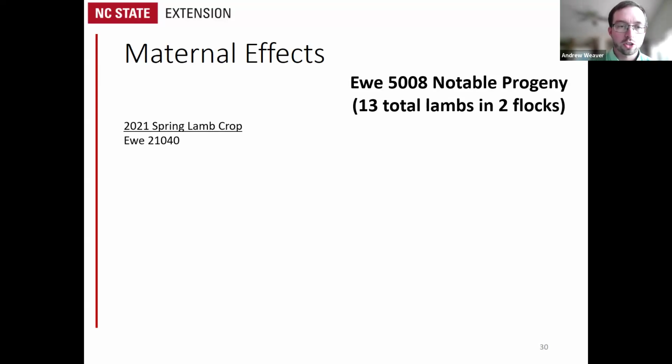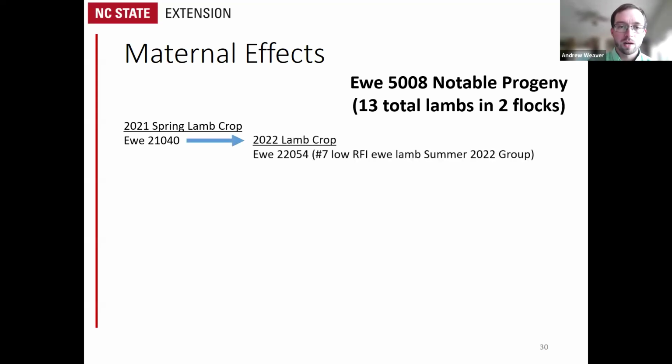In 2021, her first lamb crop for us, she produced this ewe 21040. That 21040 ewe then went on in the spring of 2022 to produce ewe lamb tag number 22054, who, remember 2022, that was the first time we tested any sheep in our GrowSafe system. And so that was the first time we had the opportunity to collect feed intake data. And so that ewe lamb, her daughter, was ranked number 7 low RFI.